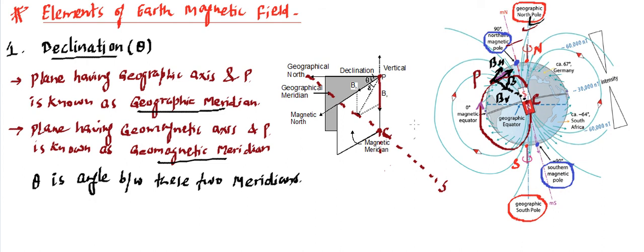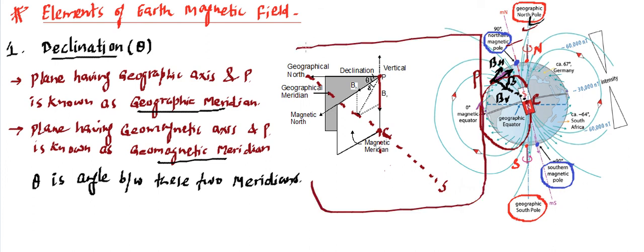Let's say this geographic north is on the plane of this whiteboard, then the geographic south is also in the plane of the whiteboard. That will be the axis we were talking about, and this is the point P. So this entire board or screen will become the one plane.